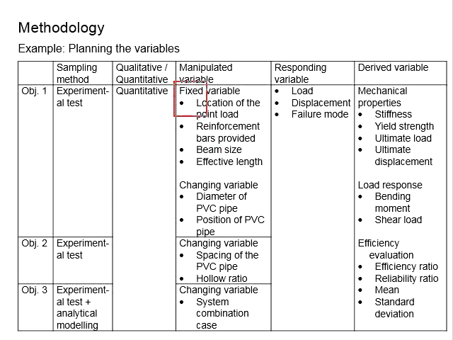They are homogeneous in terms of the variables identified in the fixed variables, which in this case are the location of the point load, the amount of reinforcement bar provided, the dimensions and size of the beam, and the effective length between the supports of the beam. These are the fixed settings for the specimens.